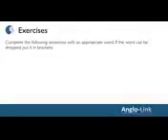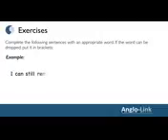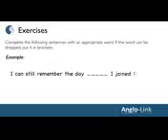Right. Let's finish with some exercises. Complete the following sentences with an appropriate word. If the word can be dropped, put it in brackets. For example, I can still remember the day I joined the team.